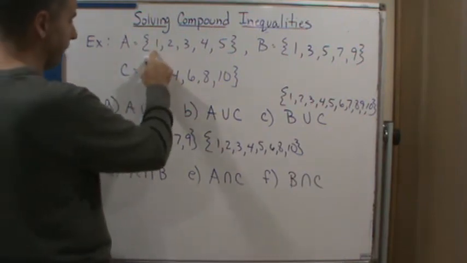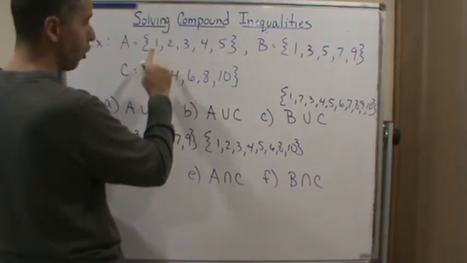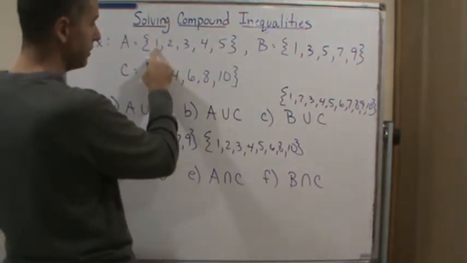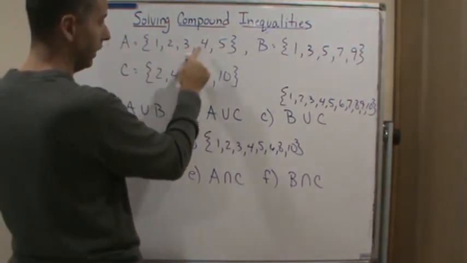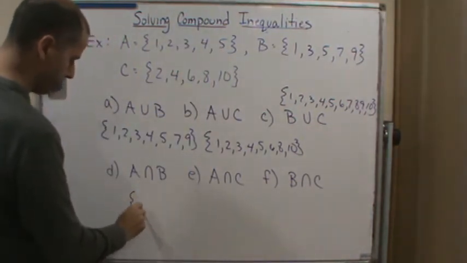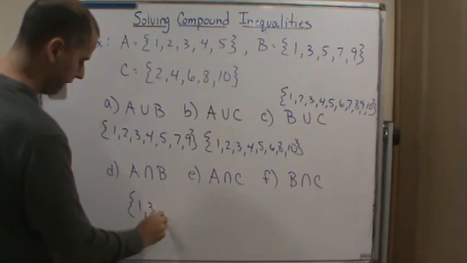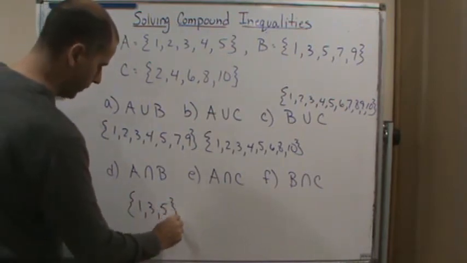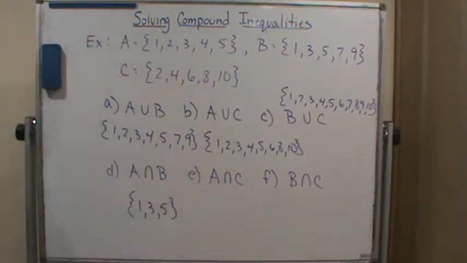So what elements show up in both A and B? Well, 1 does, 3 does, and 5 does. That's it. So those are the ones I want to write down. So 1, 3, and 5. That's the intersection of A and B.